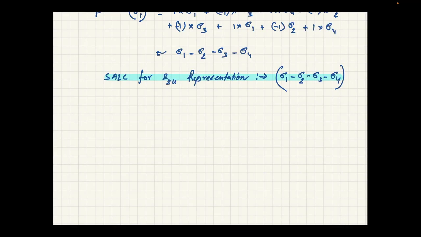So then the next question is, using this, for any point group or any molecule, you can form symmetry adapted linear combinations.